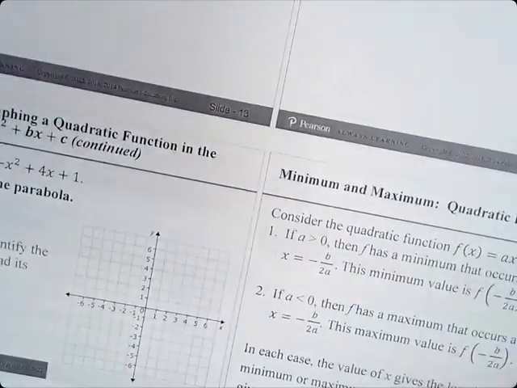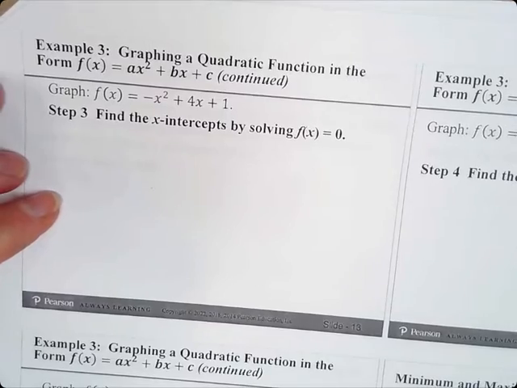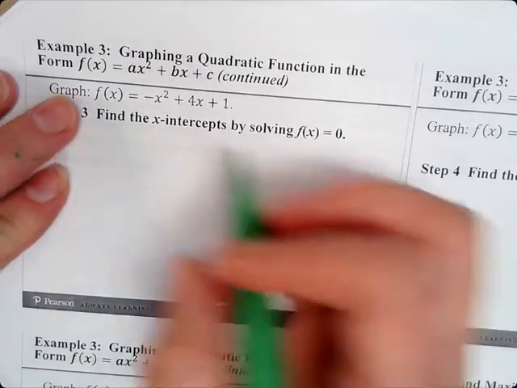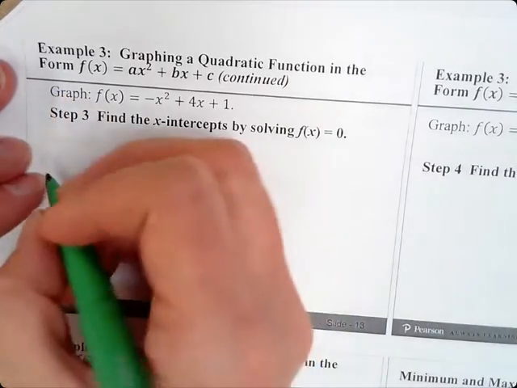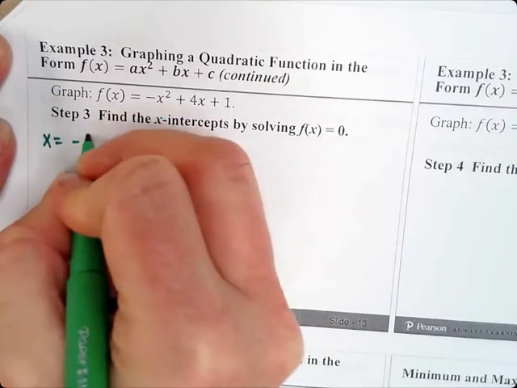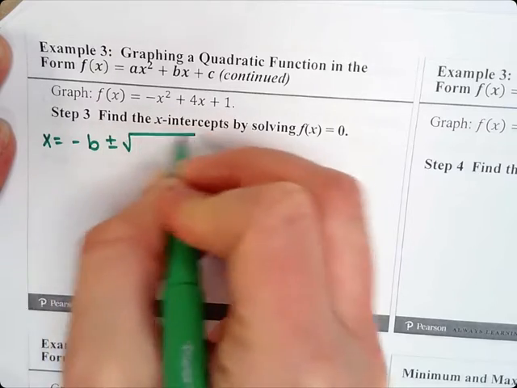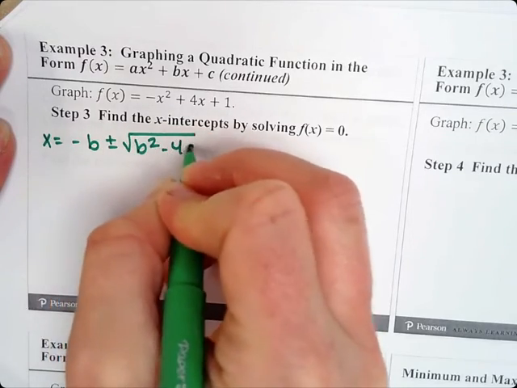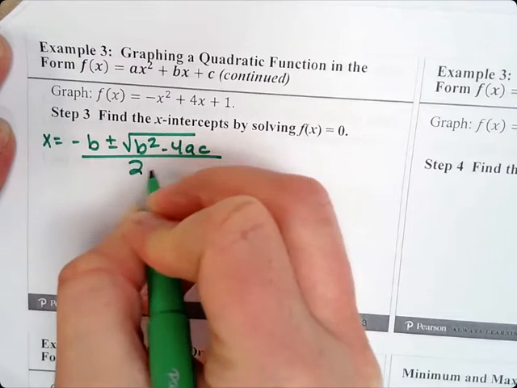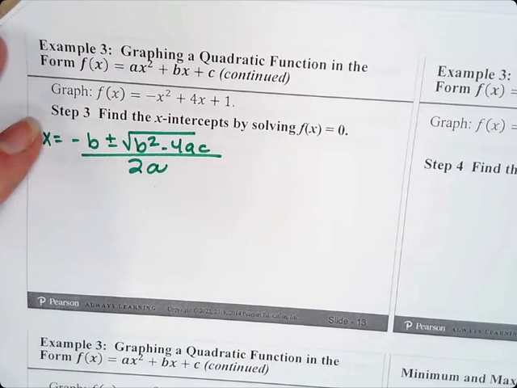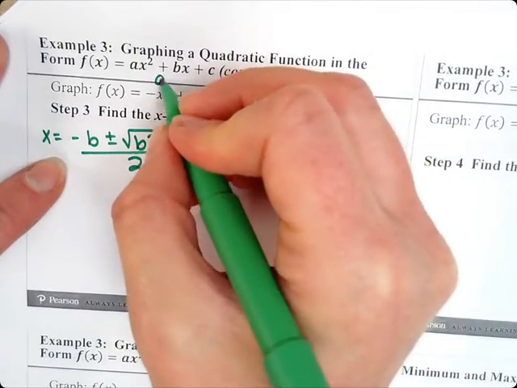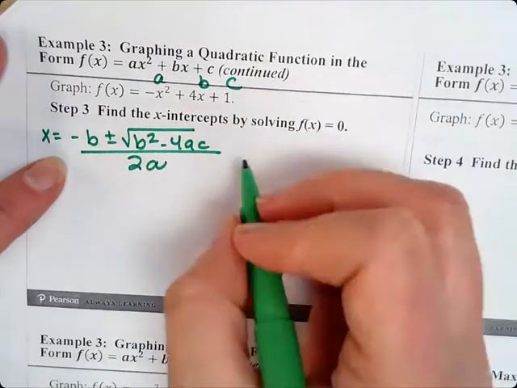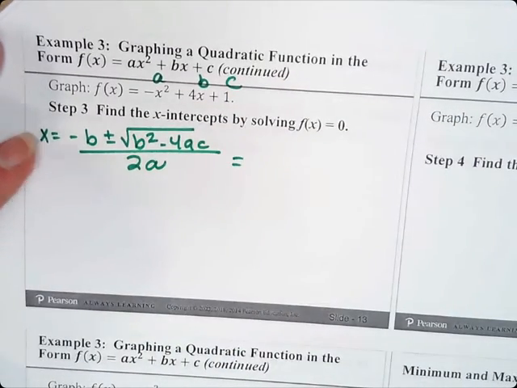To find your x and y intercept, x-intercept is found by solving. So in order to solve this, we need to do the quadratic formula. So we have A, B, and C. So go ahead and do the substitution.